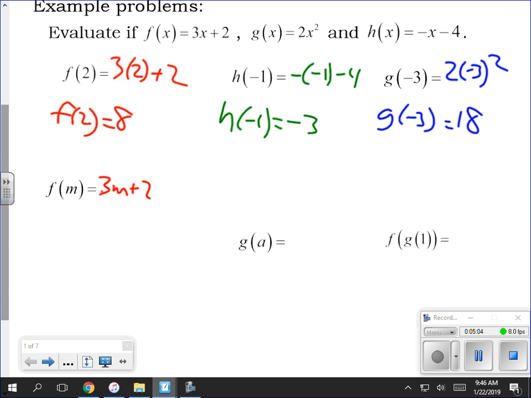Just plug it in. That's all you do. And like I said, you can do it with anything. g of a: took x, replace it with a. g of a is 2a squared.